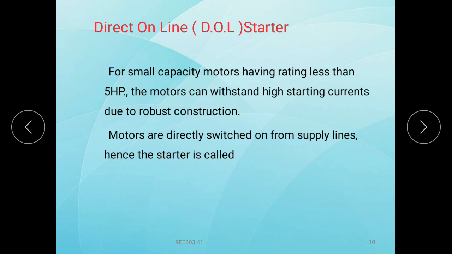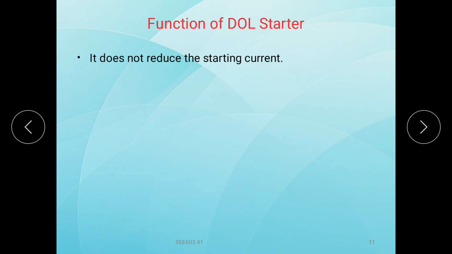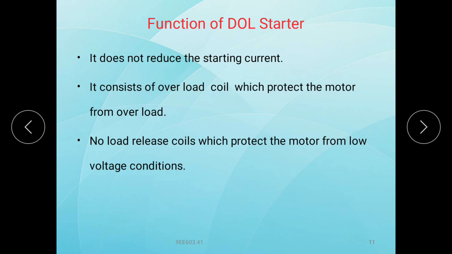So motors are directly switched on from supply lines, hence the starter is called direct online starter. It does not reduce the starting current and it consists of an overload coil which protects the motor from overload. It has a no load release coil which protects the motor from low voltage conditions.